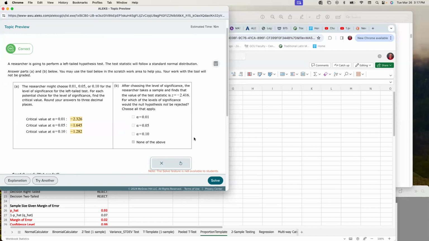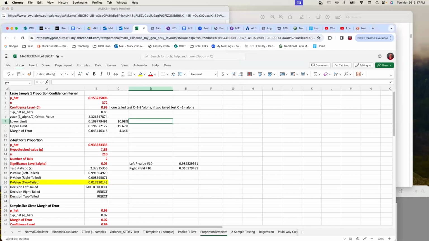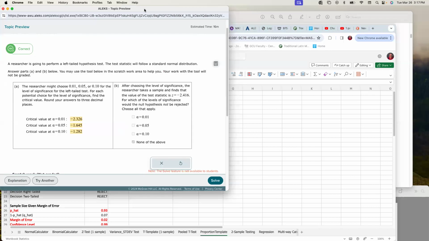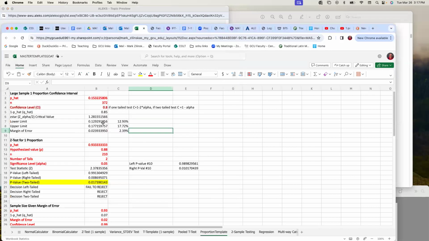So again, that would put 10% in the right tail and 80% in the middle. So if I just punch in here 0.80, and just 0.8 ought to suffice for that, here is my negative 1.282. And here's my 1.28, and that rounds to 1.282. Okay, so that's how you use your template here to do that.